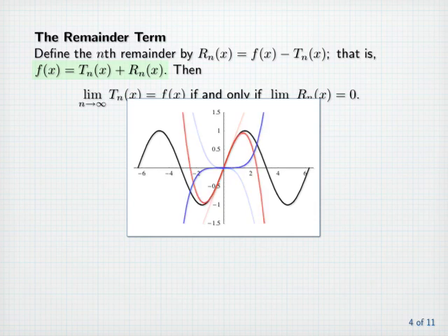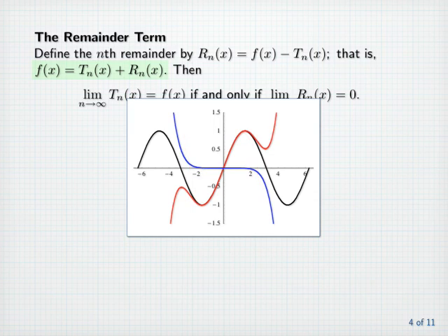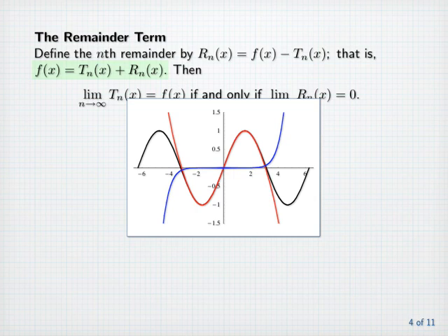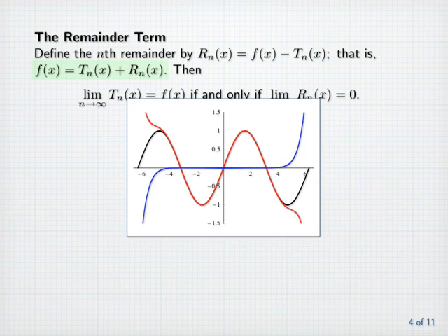Here's the graph of sine x along with the third Taylor polynomial and third remainder. Here's the fifth Taylor polynomial and the fifth remainder, the seventh Taylor polynomial and the seventh remainder, the ninth Taylor polynomial and the ninth remainder, and the 11th Taylor polynomial and 11th remainder.